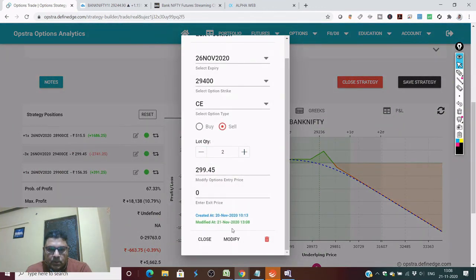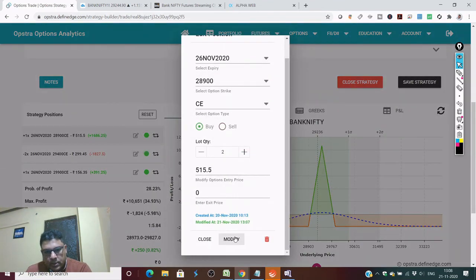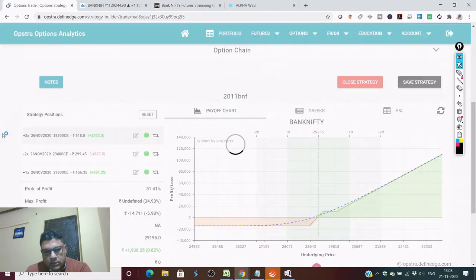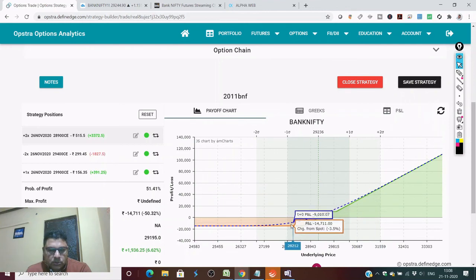Now coming back to the center, if you see this moving violently upside and you're 100% sure that it is going to move up, then go and buy one quantity extra on the bullish side. So this will change to this side. Your max loss will be 14,000. Profit is unlimited as and when it goes in your favor.